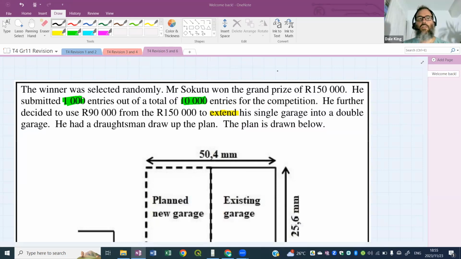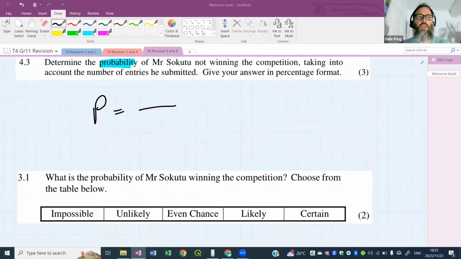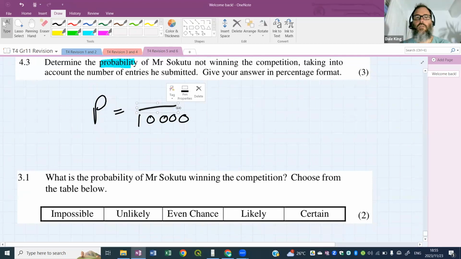All right, so he's got a 1,000 out of 10,000 chance of winning. Well, then what are the chances of not winning? Well, it's all the others. If there's 10,000 possibilities, that's definitely going at the bottom of our fraction. And he won with 1,000 entries.